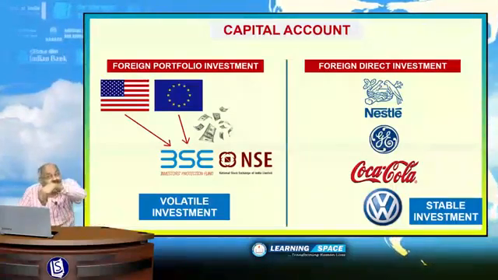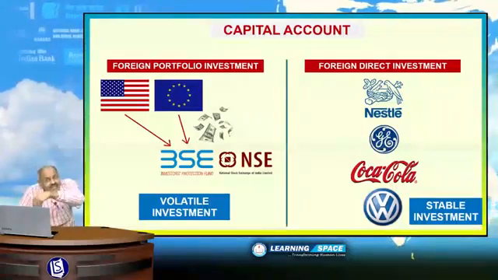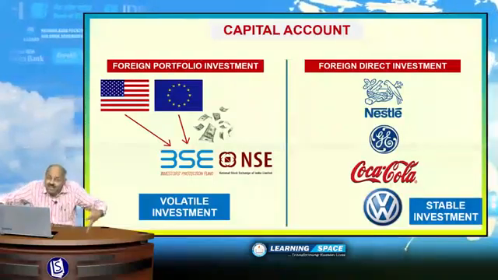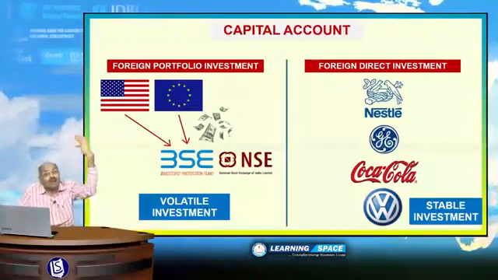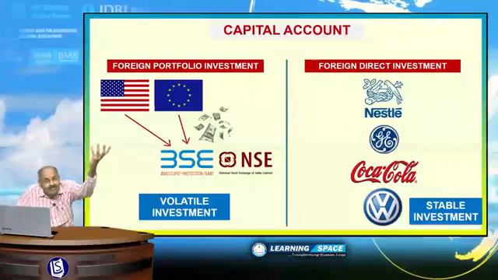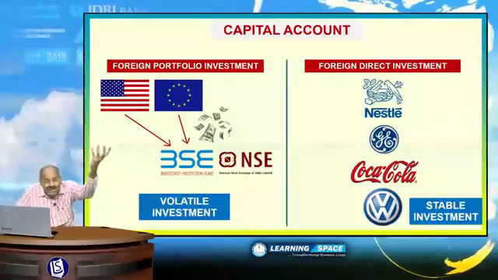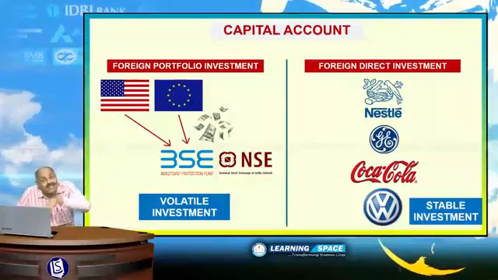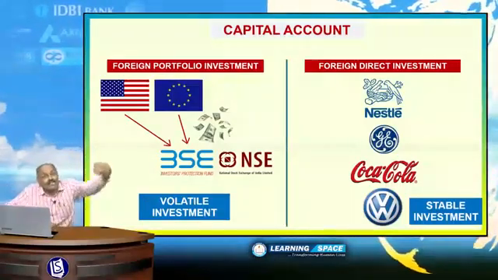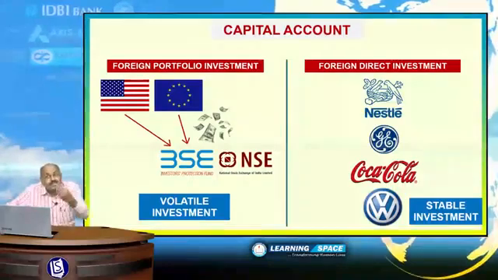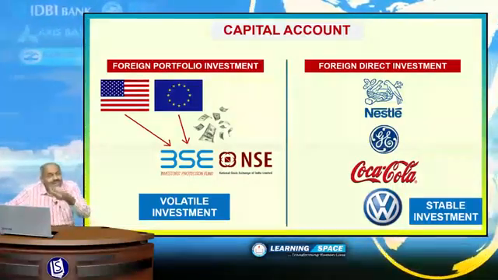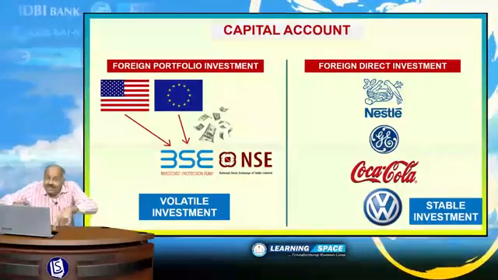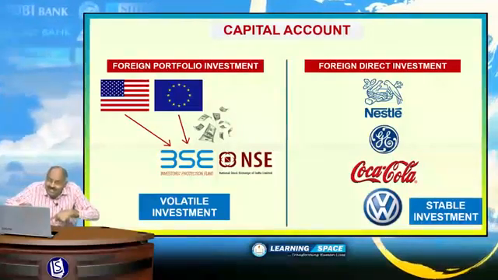Then foreign direct investment. Foreign direct investment is directly establishing a company here by a multinational company. Their parent company may be in another country and they will establish their subsidiary here by investment. That is foreign direct investment, like Pepsi, Coca-Cola, Volkswagen, General Electric, Nestle, when they establish a manufacturing facility here.